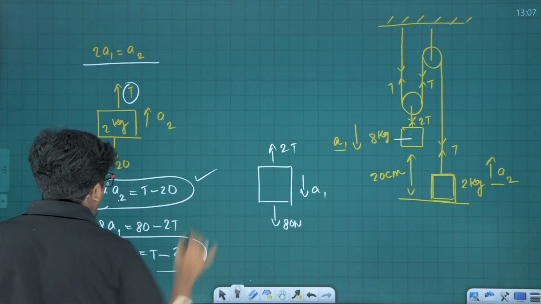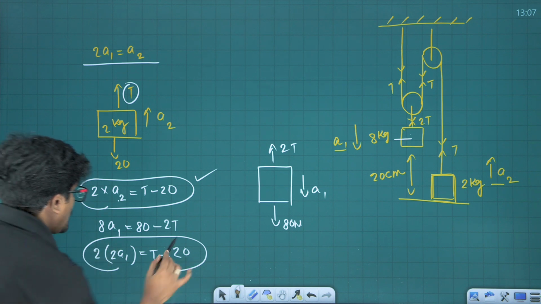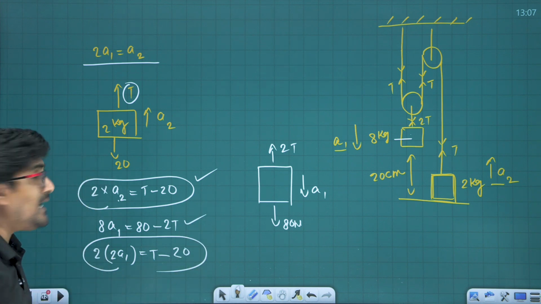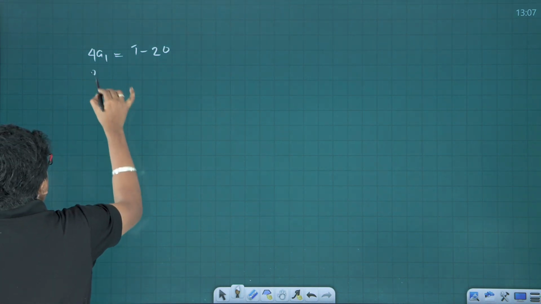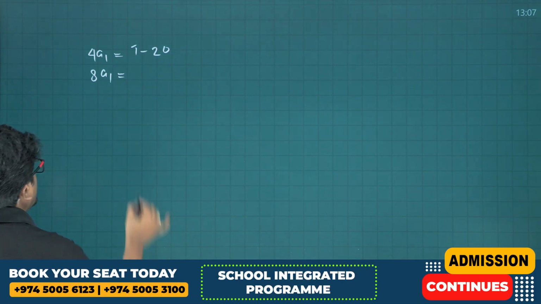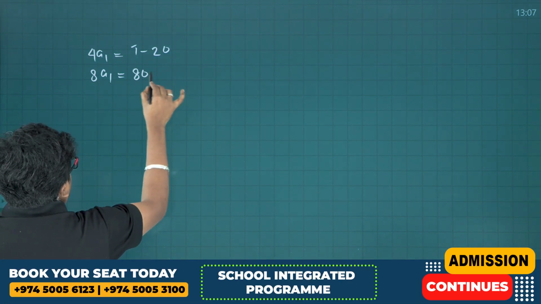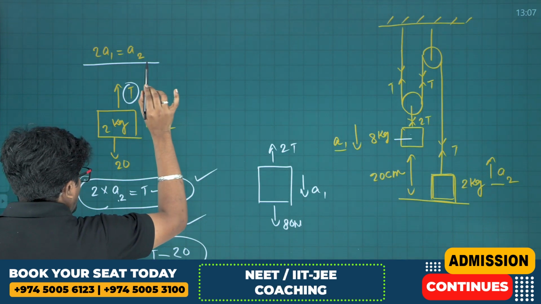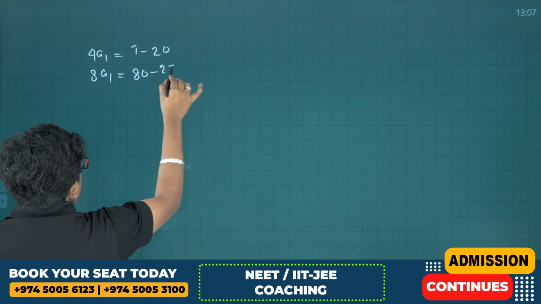And we have another relation here, that is 8 times A1 equals 80 minus 2T.